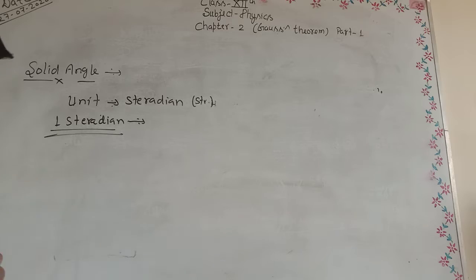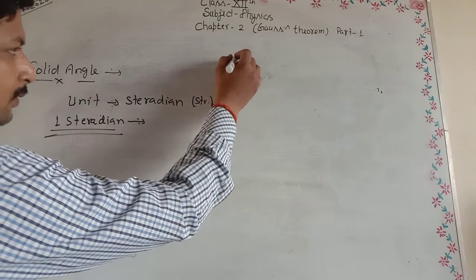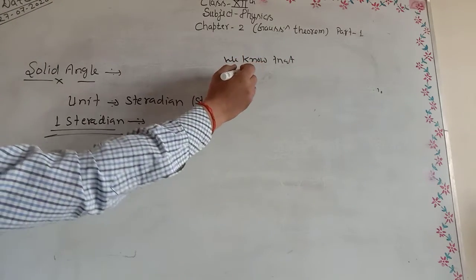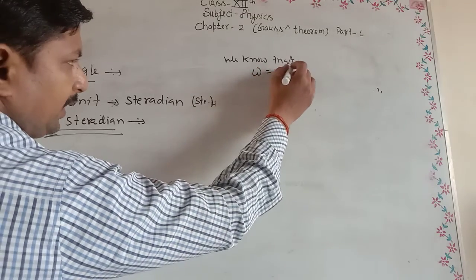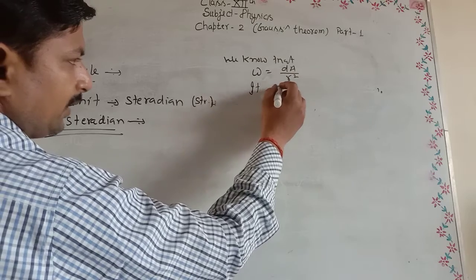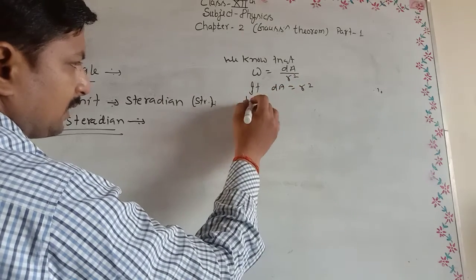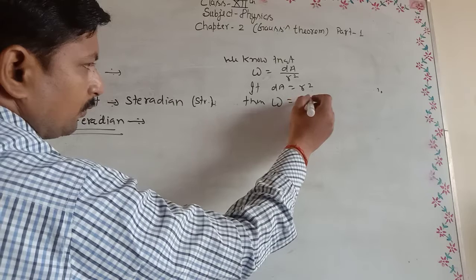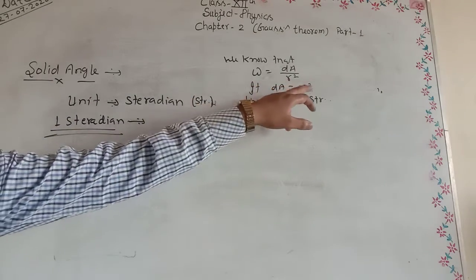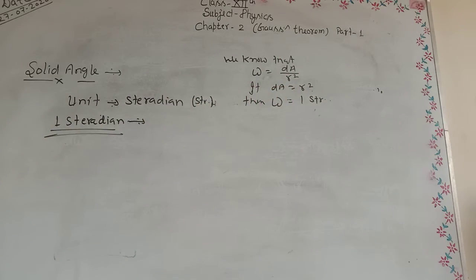Dear students, we know that omega is equal to dA upon r square. If dA is equal to r square, then omega is equal to 1 steradian.